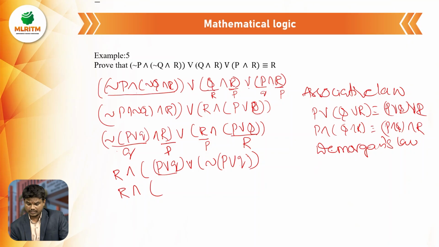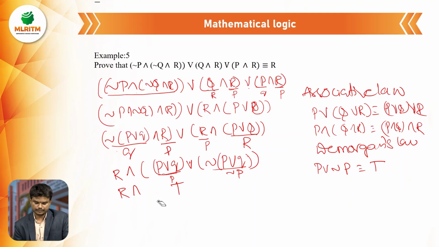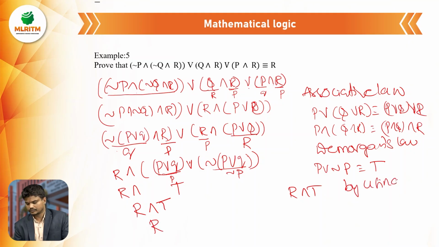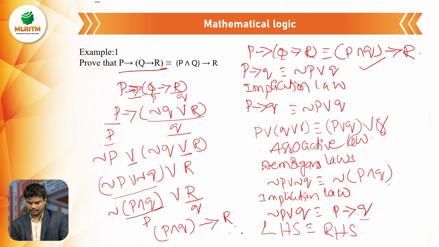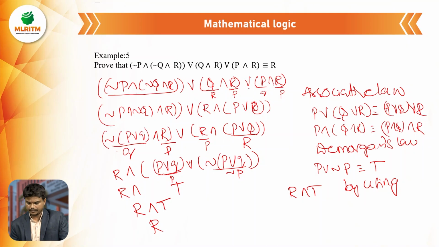That is, by using the negation law, P ∨ ¬P is equivalent to true. So here it is true. Then R ∧ T is equivalent to R, by using the identity law. R ∧ T is equivalent to R.